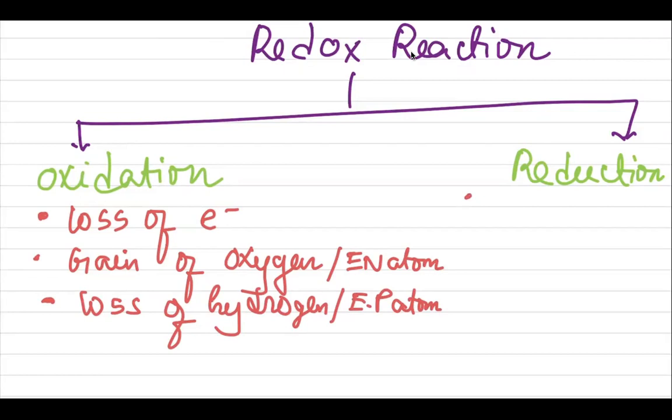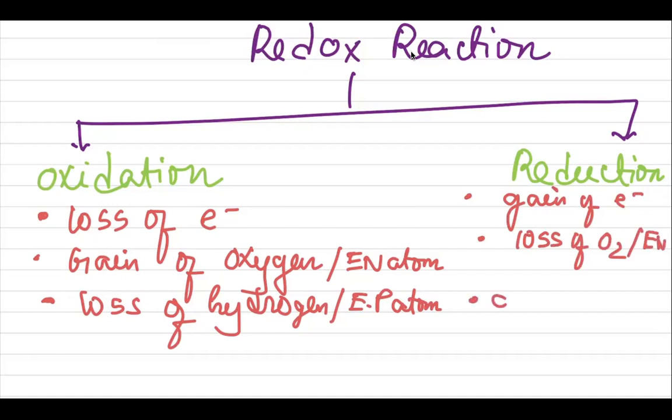Reduction will be gain of electron, then loss of oxygen or electronegative atom, and gain of hydrogen or electropositive atom. So this is the main basic idea of oxidation and reduction.